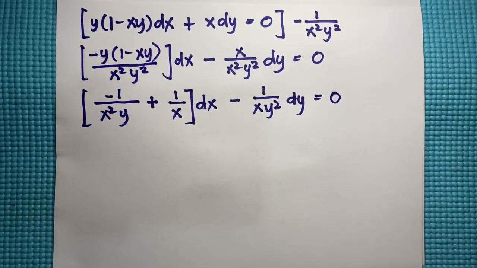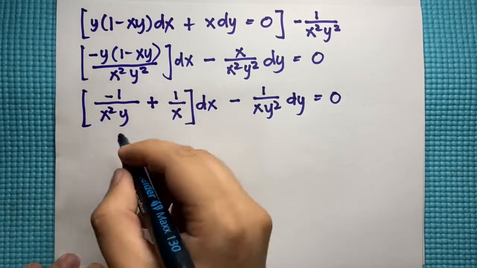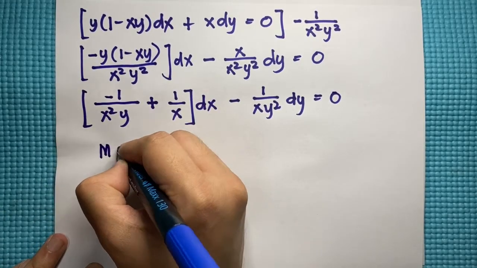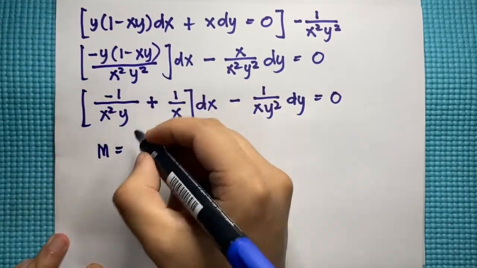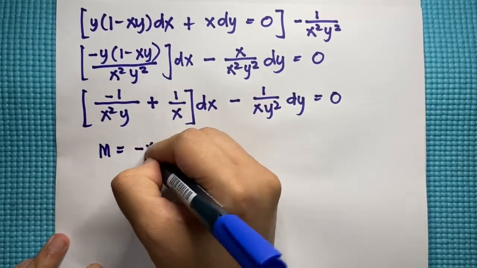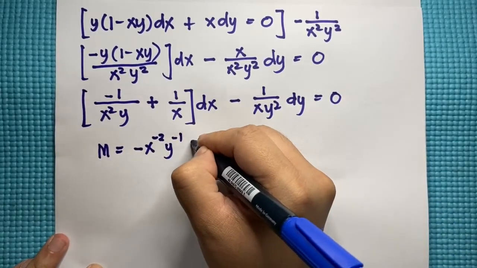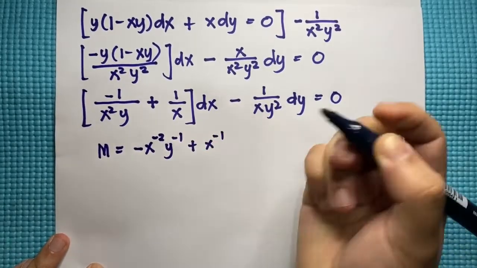So let us check now whether this is exact or not. Hopefully I'm doing it right. M would be equal to negative x raised to negative 2 and y negative 1, plus x raised to negative 1.